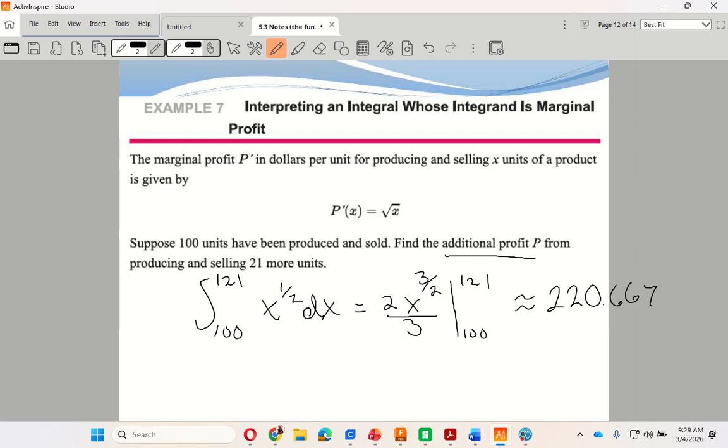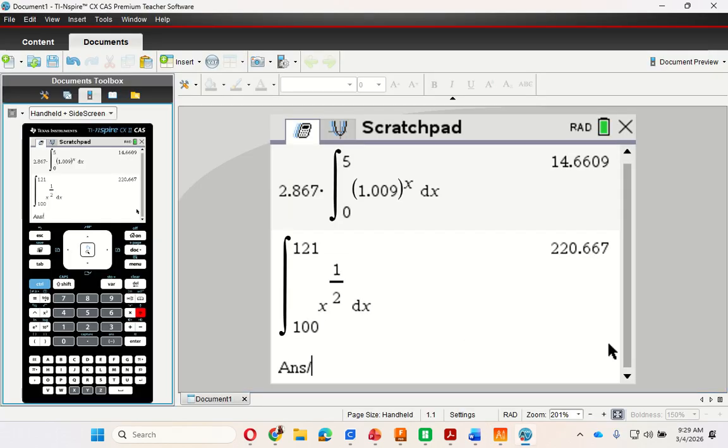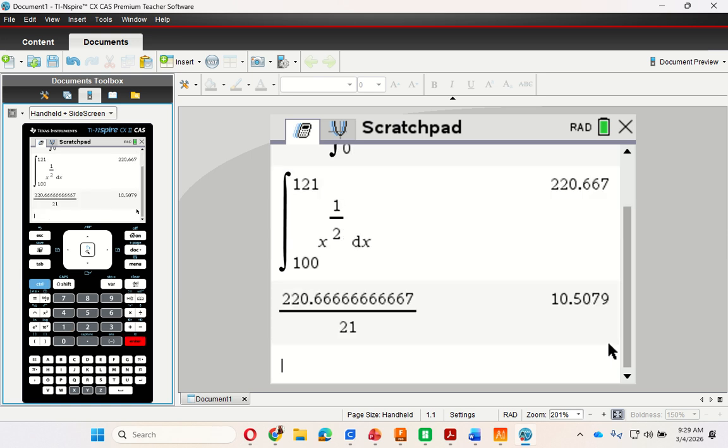Now, I'm going to expand on this a little bit so you guys can see, because these are profit equations, which is super important. To figure out how much profit I make per item, I take that number and divide it by 21, right? You'll see it, because there are going to be problems that have you do this.